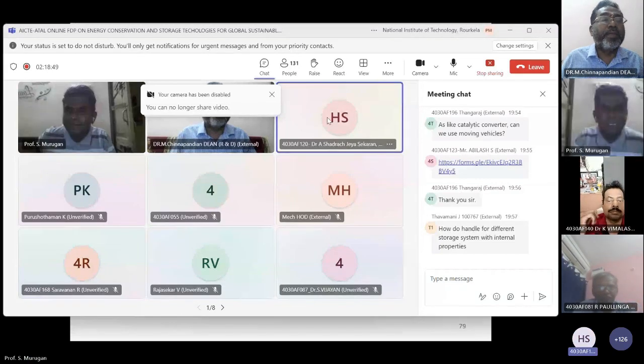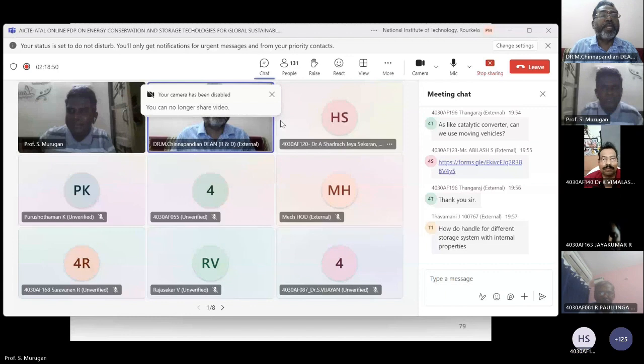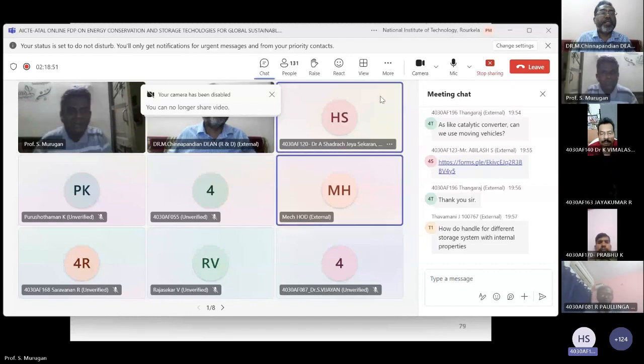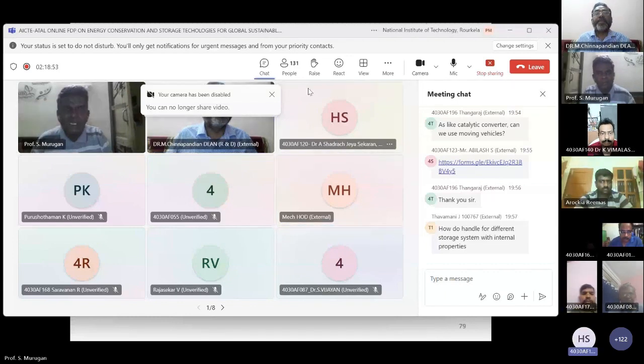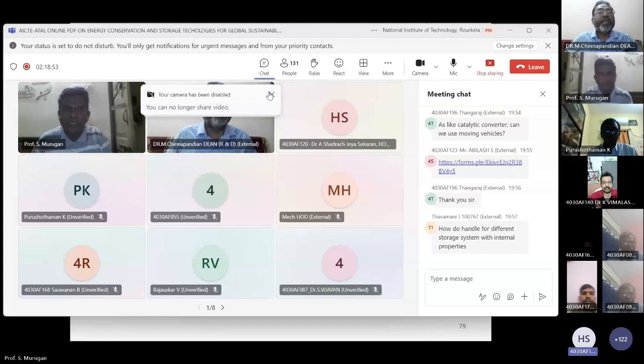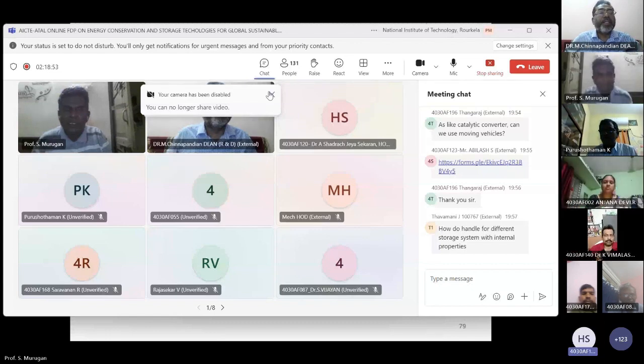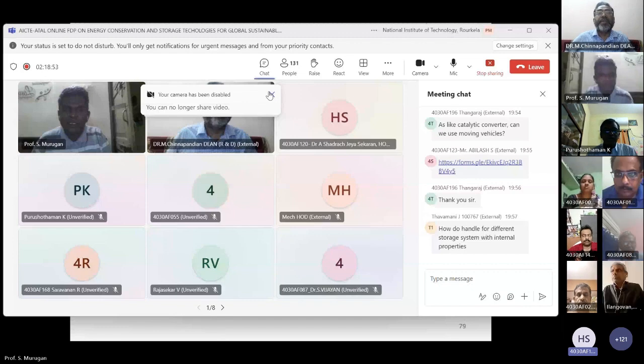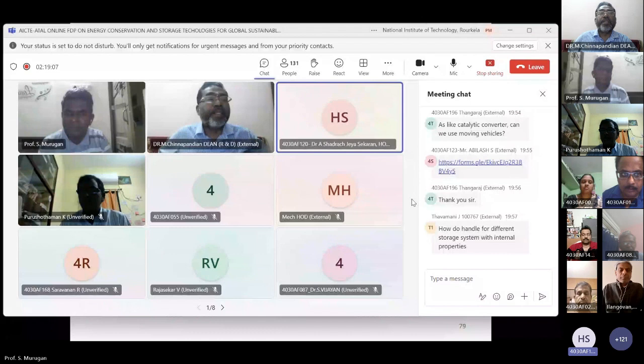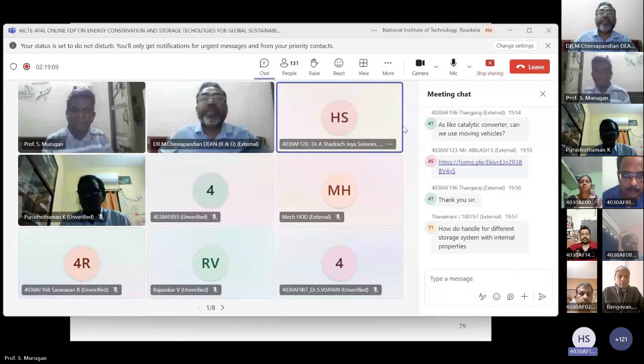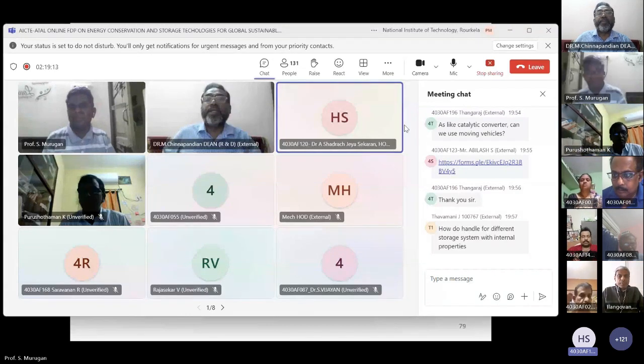Okay. So let me conclude this enlightening session of this FDP on carbon capture in CI engines and environmental effect. First and foremost, I extend my sincere gratitude to our esteemed speaker, Dr. S. Murugan, Professor of Mechanical Engineering at the National Institute of Technology, Rourkela, for sharing his invaluable knowledge and expertise with us today.